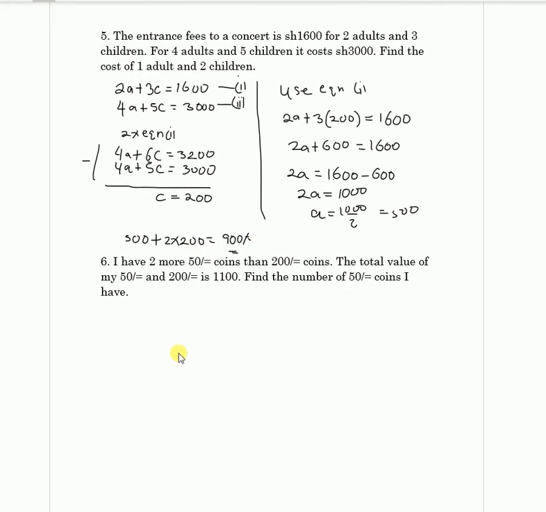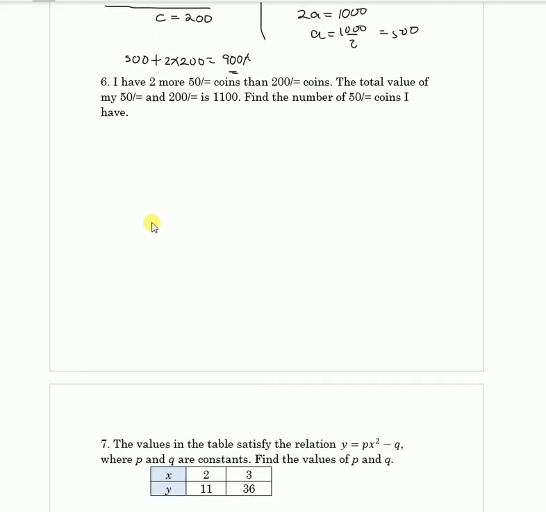Then here, number 6. They are saying that I have 2 more 50 shilling coins than 200 shilling coins. Now we are talking about the number of coins.